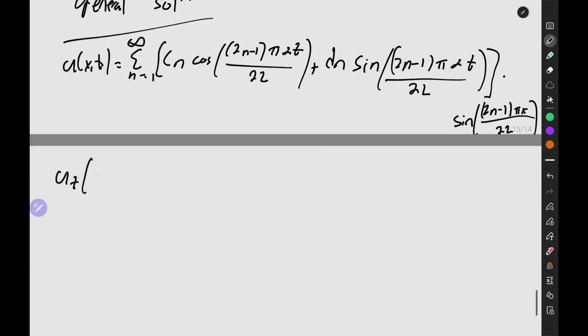u sub t of x,t is n equals 1 to infinity. It's all the same. I gotta write this all down again. Oh, that's rough. That's gonna be what?